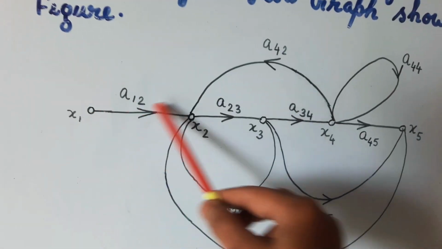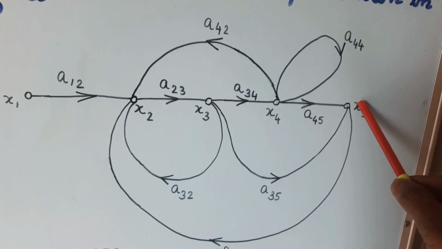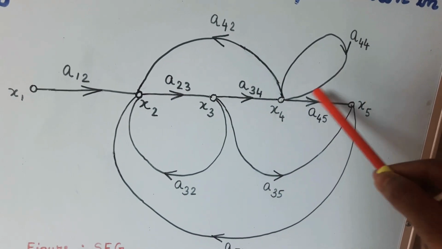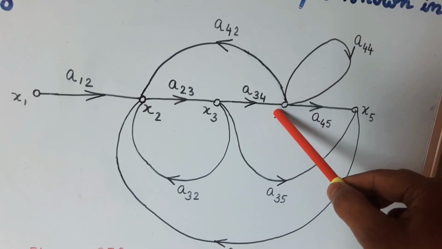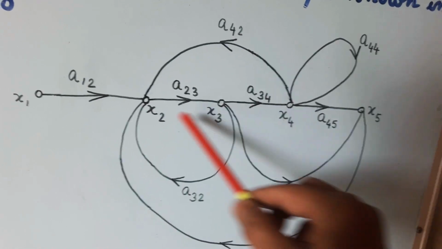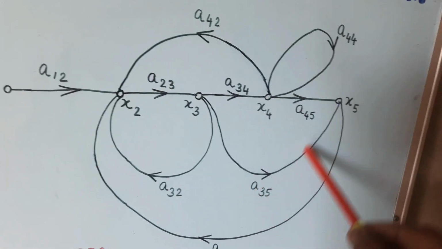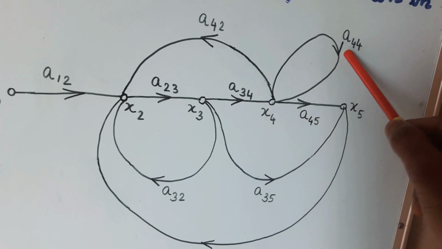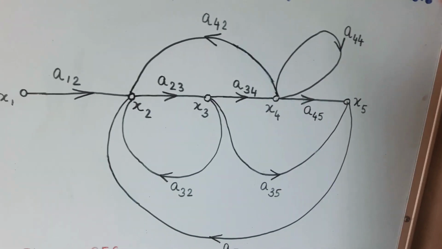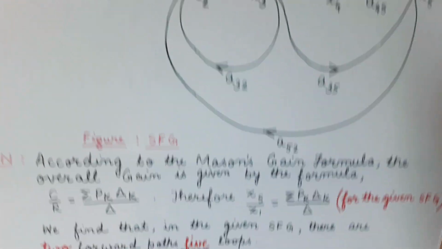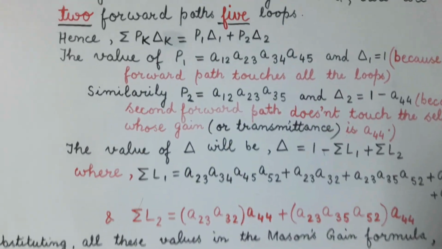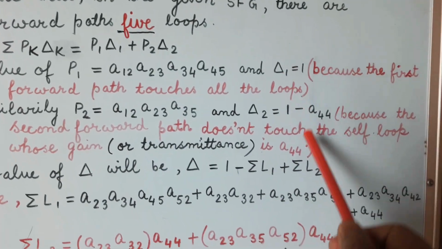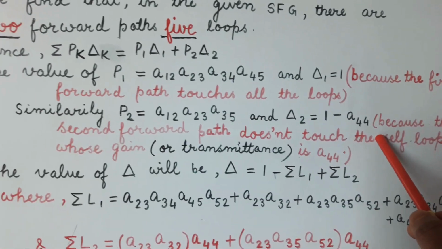As far as the second forward path is concerned, we find that it does not touch the self loop whose gain is A44. So the value of delta 2 will be given by 1 minus A44.